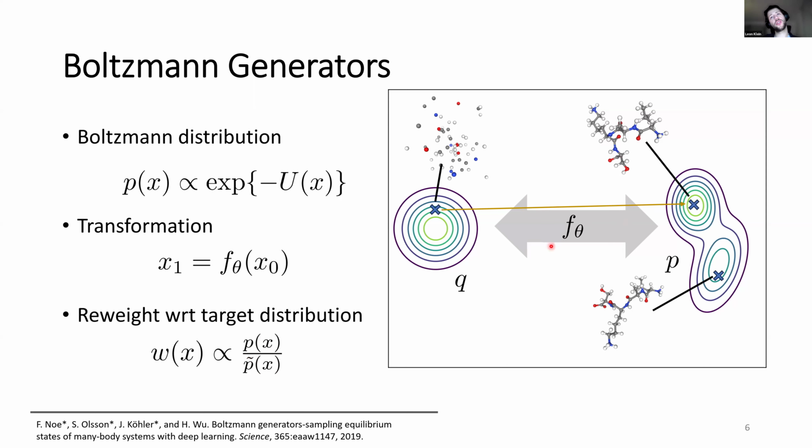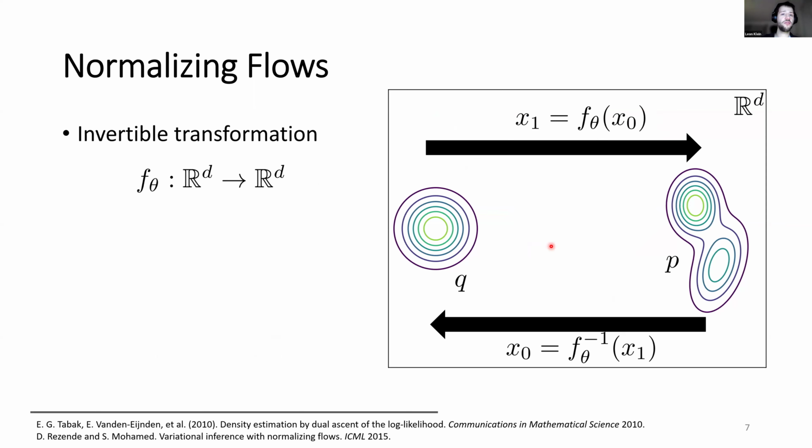The model we are usually using for Boltzmann generators are so-called normalizing flows. These are an invertible transformation between two probability distributions, often a simple prior distribution and a more complicated distribution. And these are perfectly suited for Boltzmann generators to transform this simple prior distribution into a Boltzmann distribution.